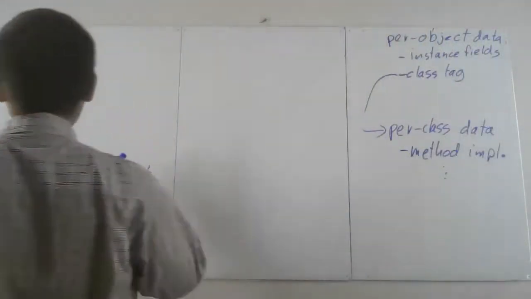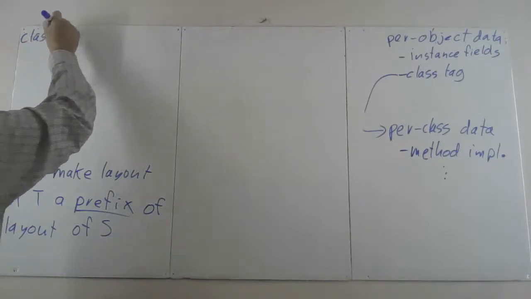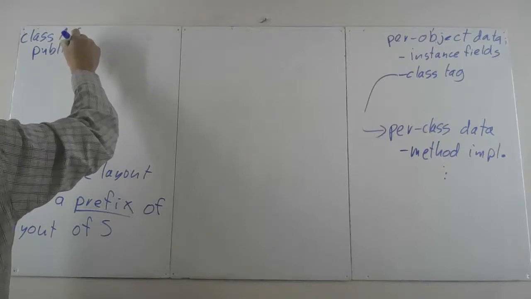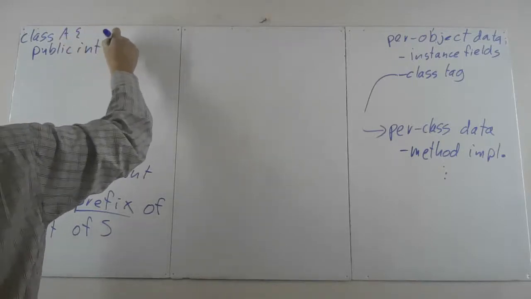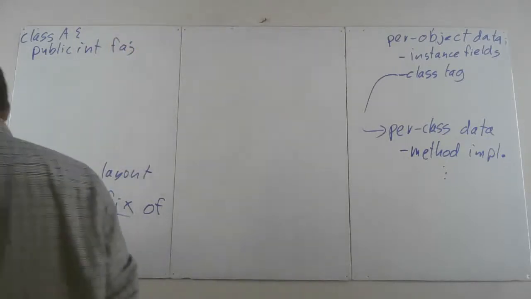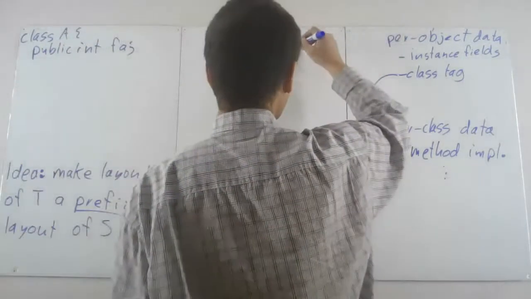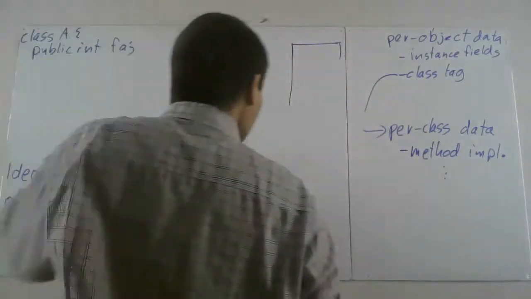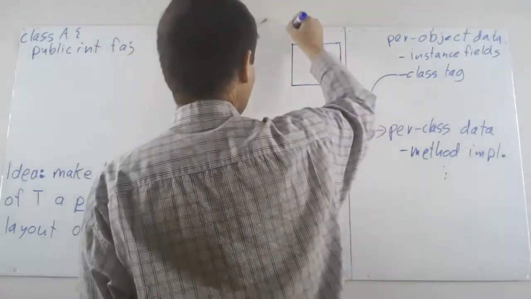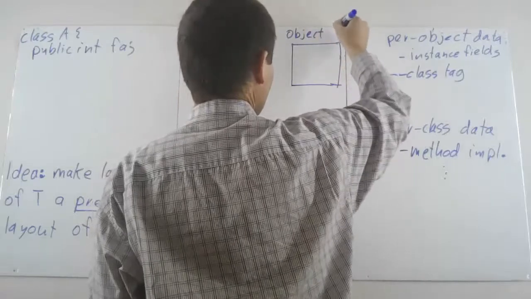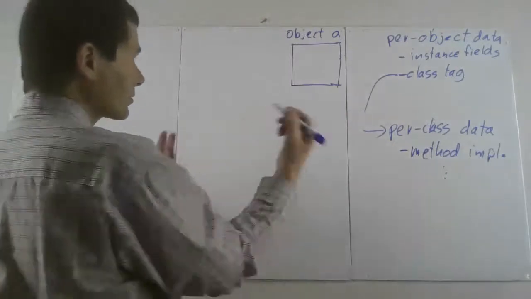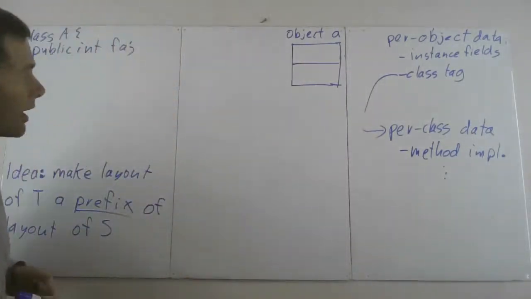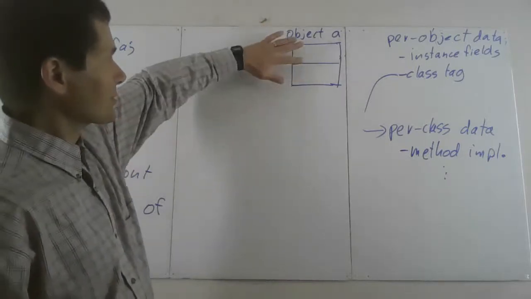Let's say in our Juice program we have a class A, and it has a field we'll call FA, a field declared in class A. Over here I'm going to have an object, which I'll call little a, whose runtime type is big A. It's an object of class A. These are two words in memory.